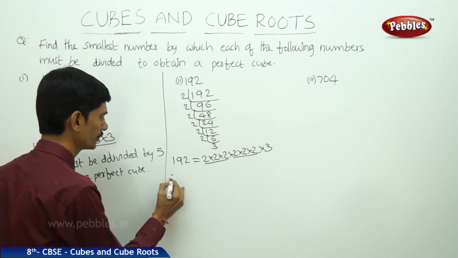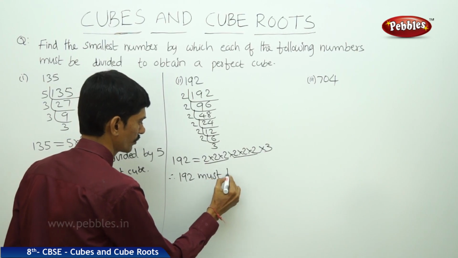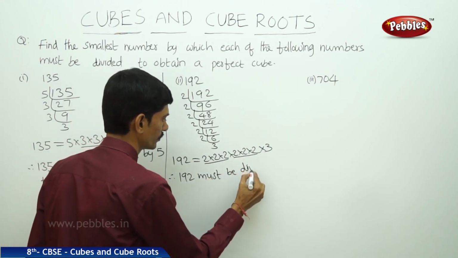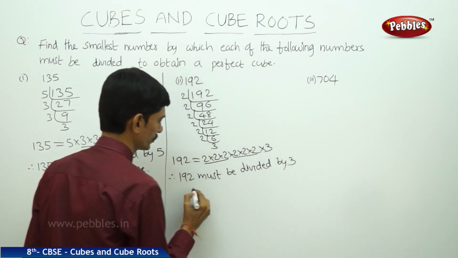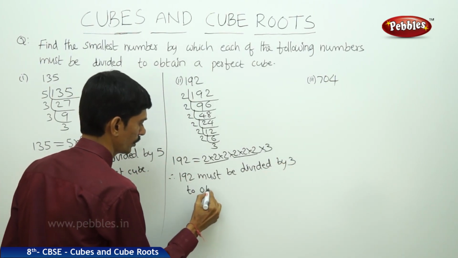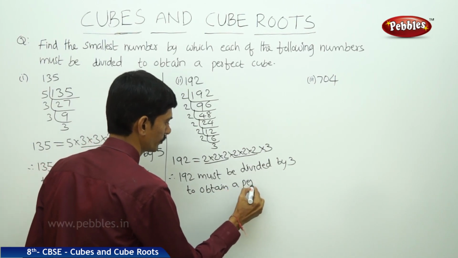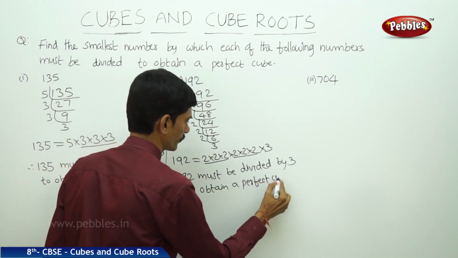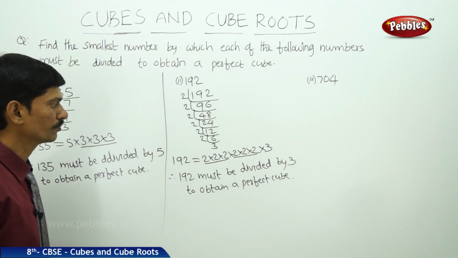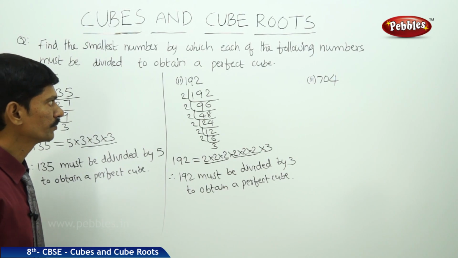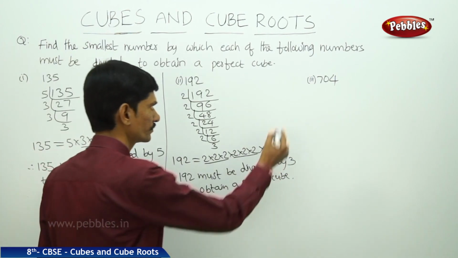Therefore we can write that 192 must be divided by 3 to obtain a perfect cube. Means 3 is the smallest natural number that should divide 192 to obtain a perfect cube.